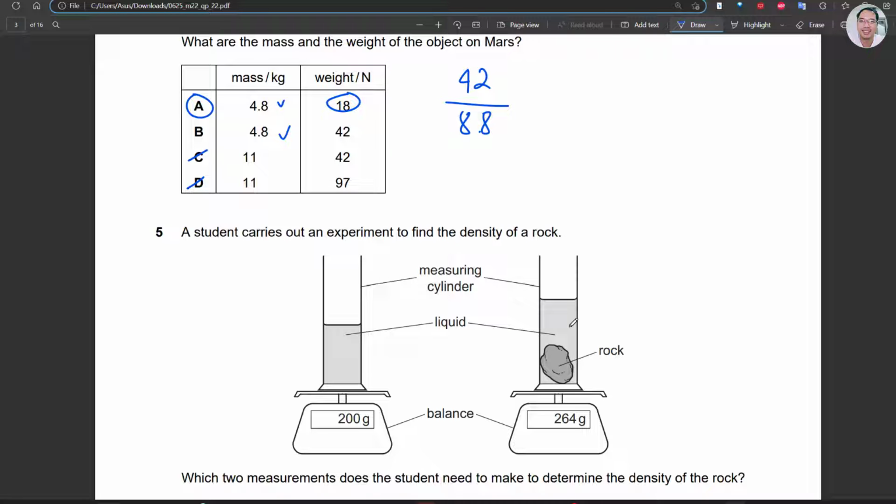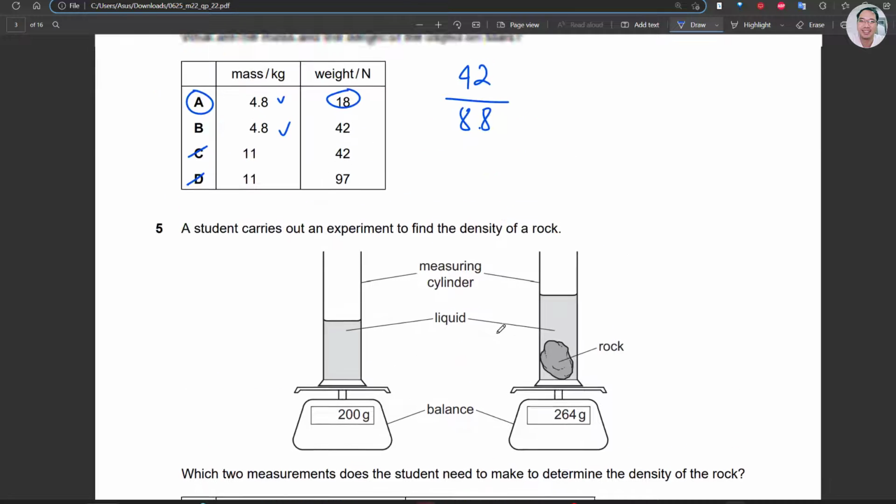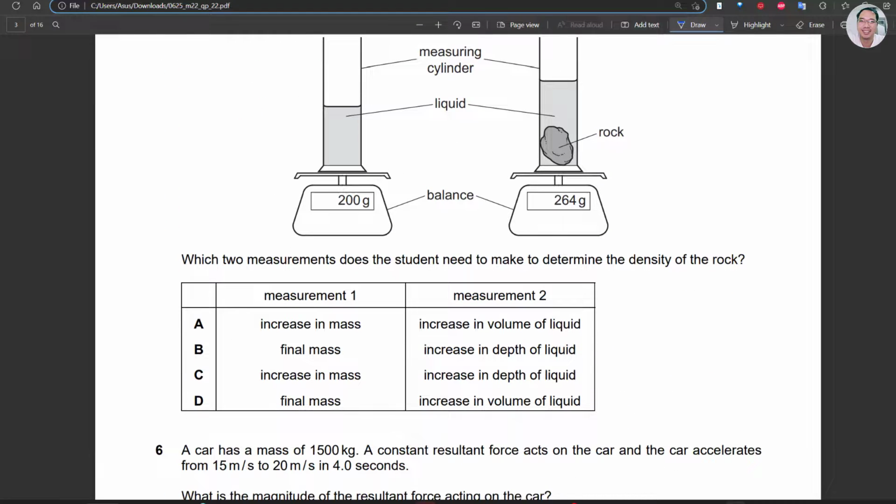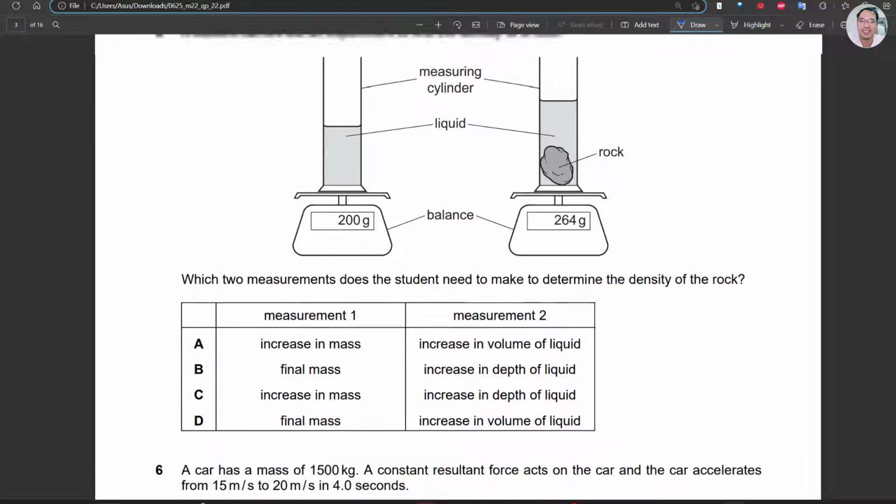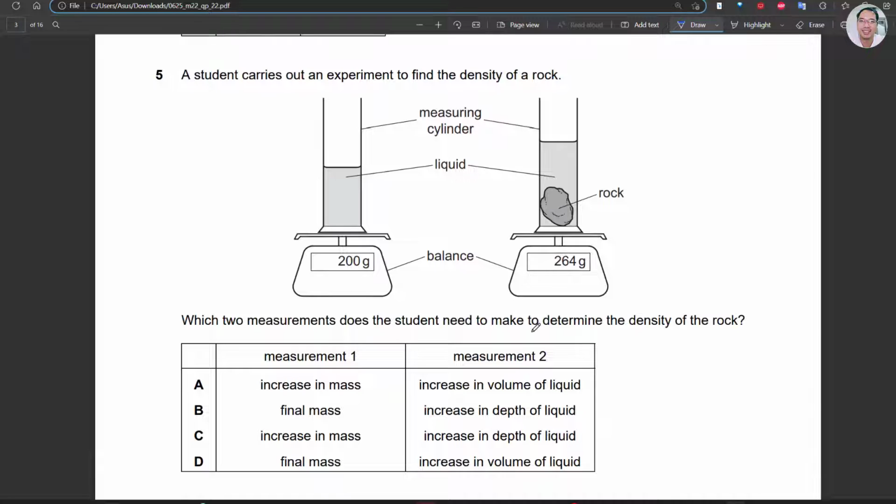A student carries out an experiment to find the density of rock. Which 2 measurements does the student need to take to determine the density of the rock? Density is mass over volume.